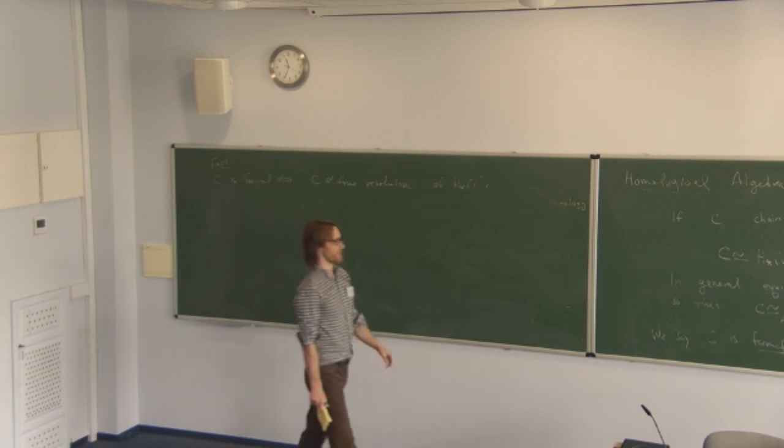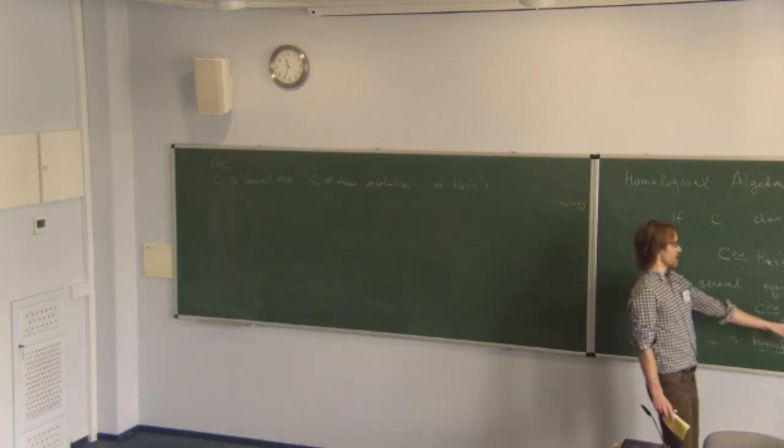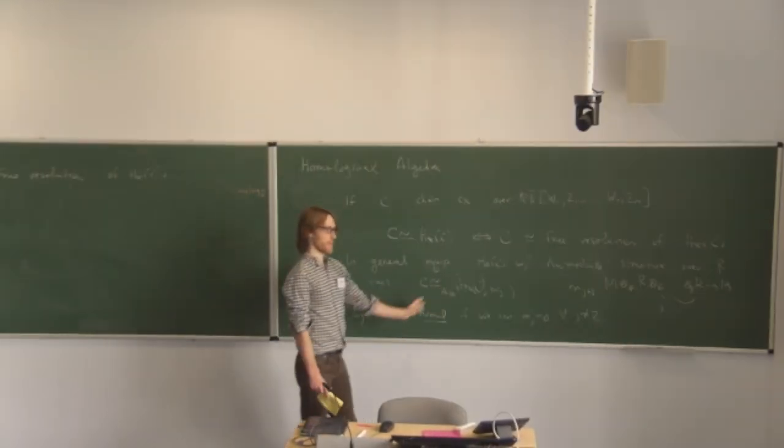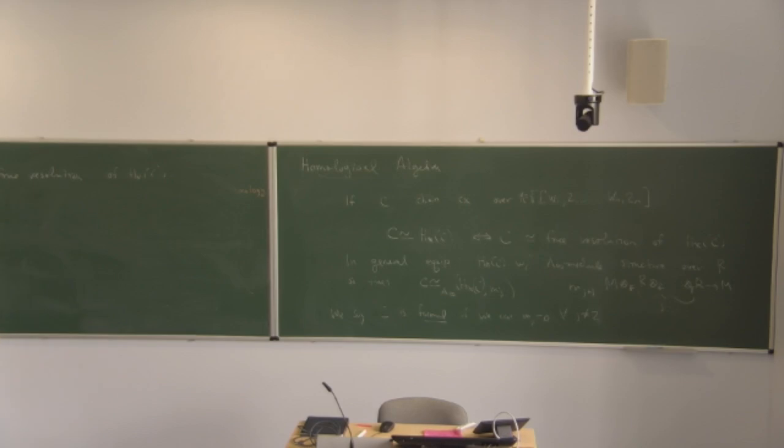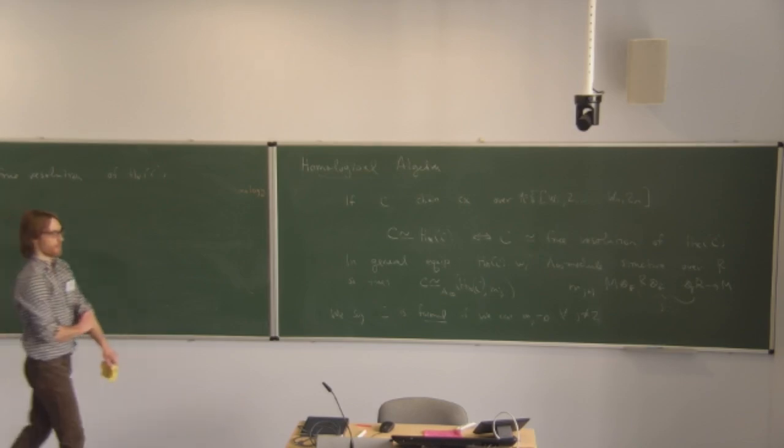We work in this world of A infinity modules, which is where the proofs go through and how we think about things, but we state it in terms of just being a free resolution. Any questions?